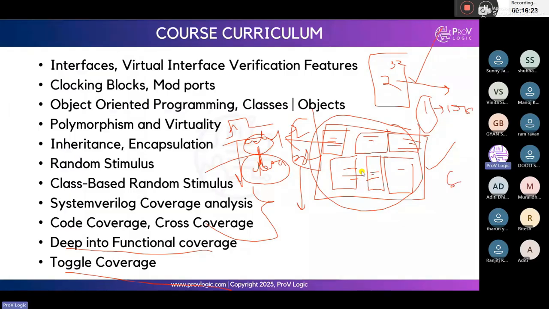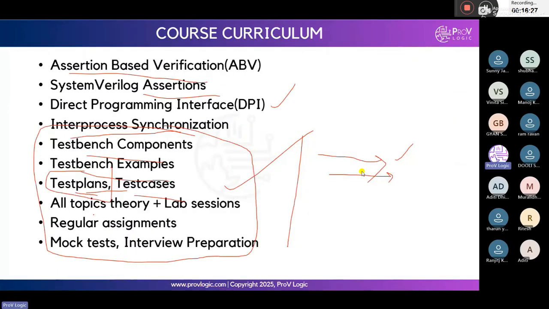Okay, so we'll have multiple test cases, and there will be regular assignments, mock tests, interview preparation. Everything will be parallel. Okay, we don't have separate theory sessions, separate lab sessions, like that. Everything topic wise, both theory and the lab will be done at the same time.